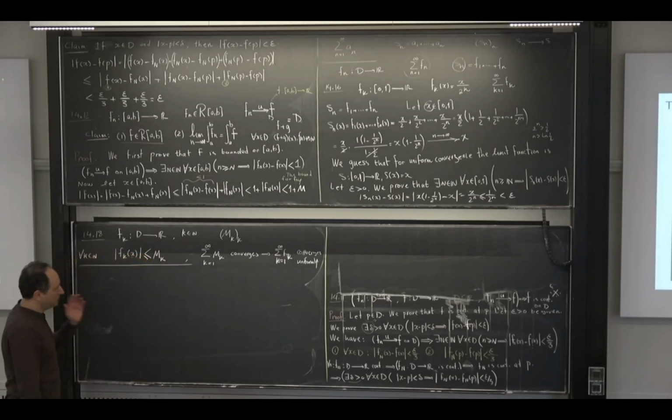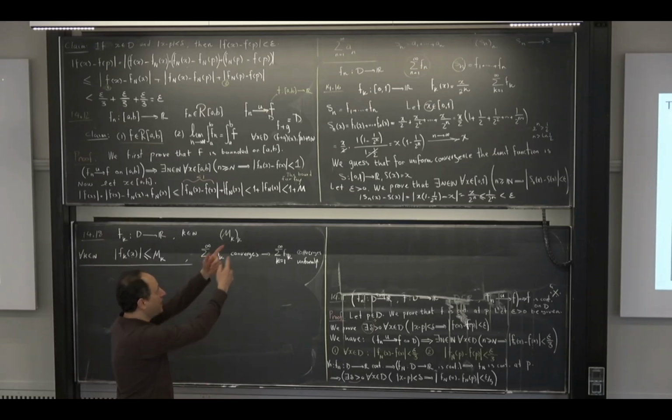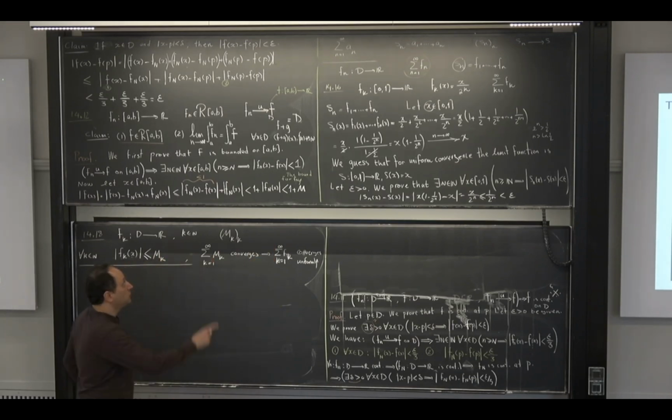So I recommend you read it yourself. But let us see how it works. Can we solve that problem using the Weierstrass test? Let us go backward and pretend that we are just solving that, but we know this theorem. So what was the function?